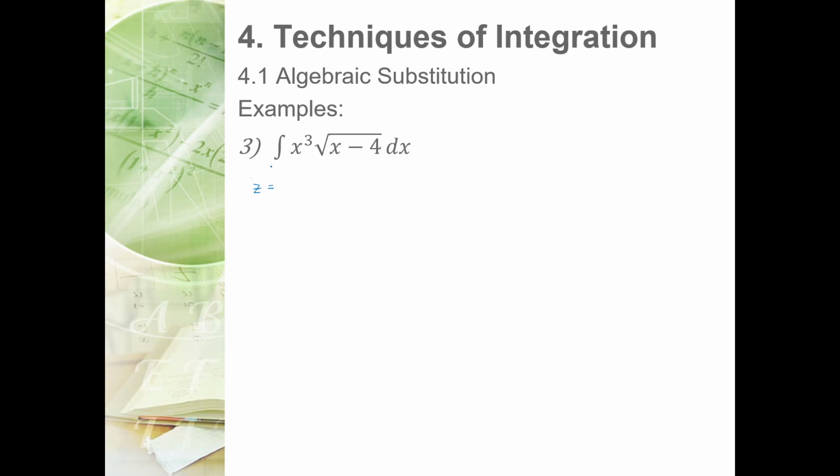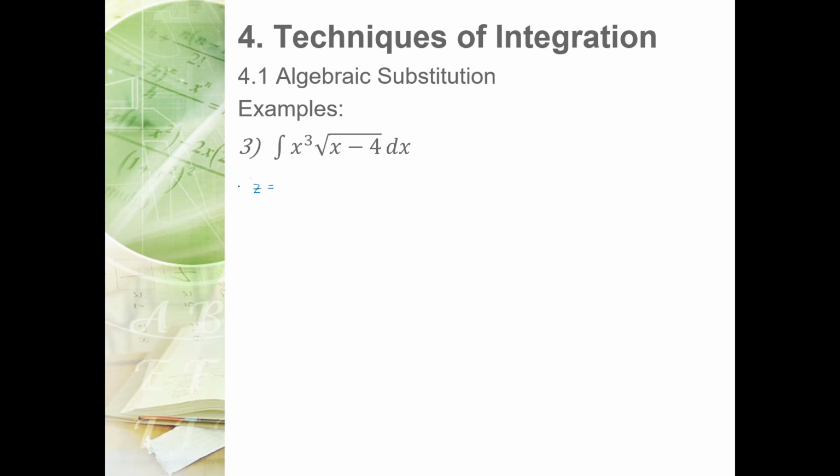Of course, not every example that you can encounter, you always use the radical expression as your z variable. It may be in other examples that it could be a binomial only, to make the equation simpler.